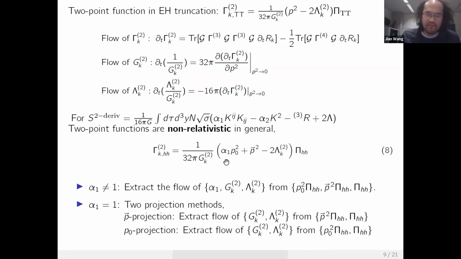Now we notice that, in general, these 2-point functions are non-relativistic, since here we have the coupling alpha 1, and alpha 1 could be a running coupling. It could be any number. If it is not 1, then the theory will not be Lorentz invariant.